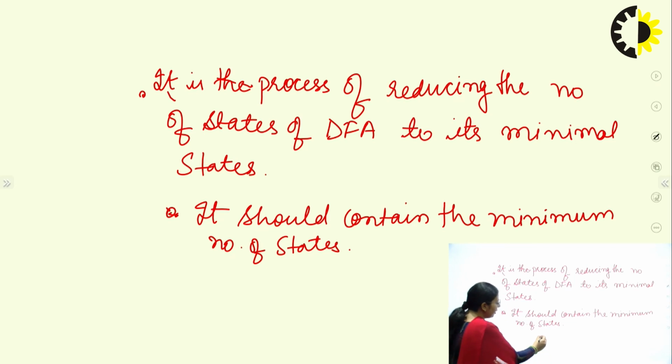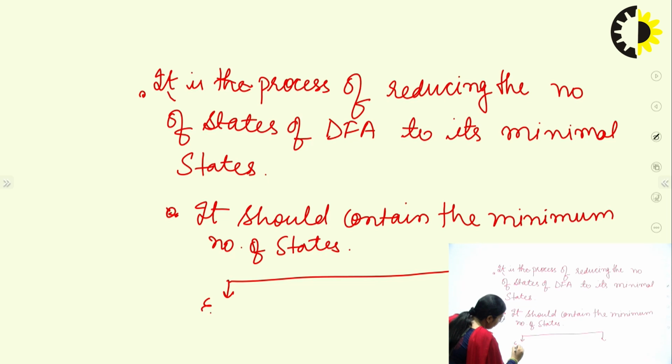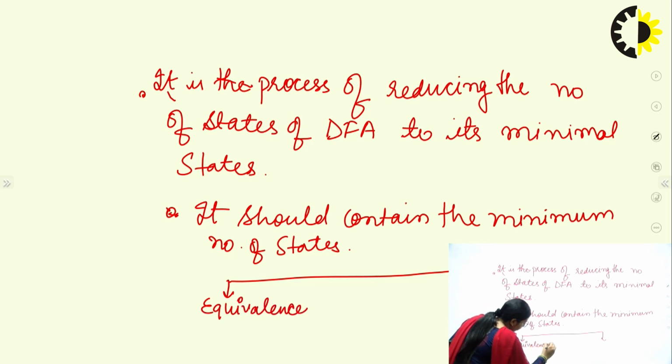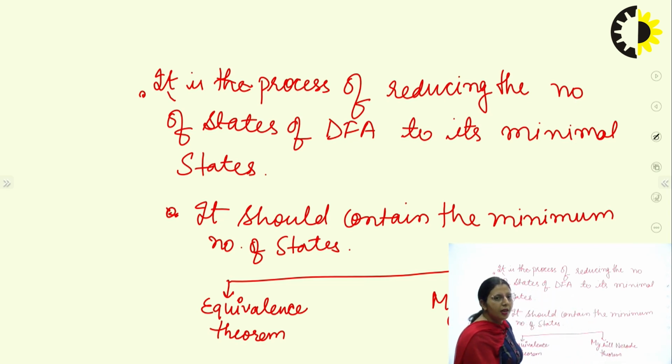The two theorems are, first one is the equivalence theorem, and another one is the Myhill-Nerode theorem. Both the theorems are used for the minimization of DFA. So, let us understand what this equivalence theorem is.